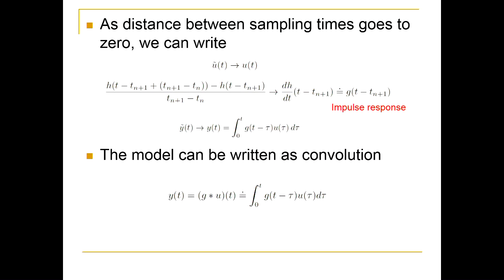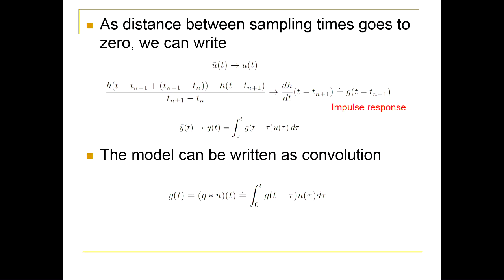So note that what we've done in this lecture, we showed that we can represent a linear time invariant model always in this form. In the previous lecture yesterday, we were talking about a different kind of models, models that involve lots of derivatives of inputs and outputs, differential equations. So a differential equation is one way to represent your system. Convolution is another way to represent your system.